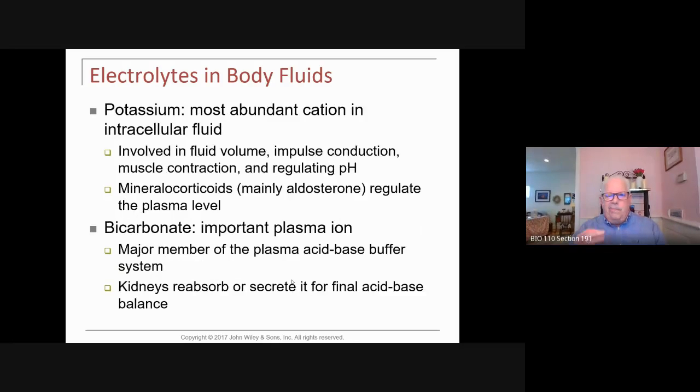Electrolytes. Potassium, the most abundant cation inside of the cell. It regulates pH. It's involved in impulse conduction. It's involved in muscle contraction.